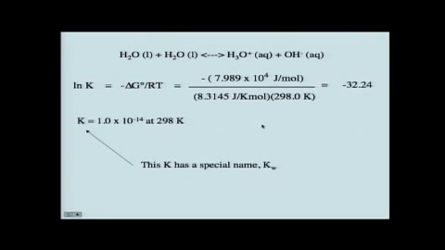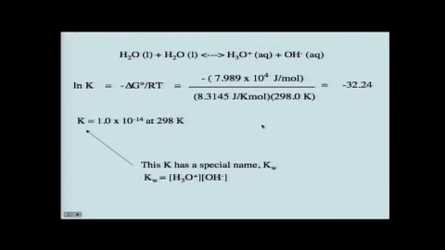So this particular K has a special name, and it's Kw, W for water. And this term and this number, if you haven't memorized it in high school, you probably will by the time you're done with problem sets. This is a very valuable number. You'll be using it a lot in calculating acid-base problems. And you will end up memorizing it whether you want to or not.